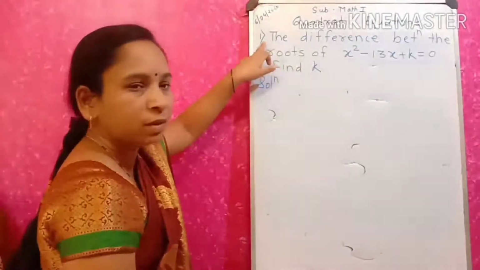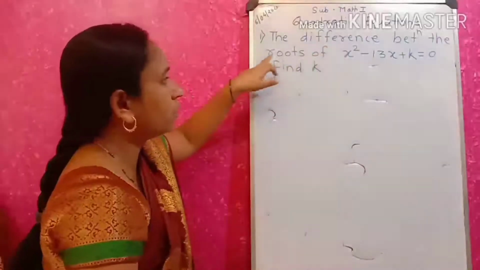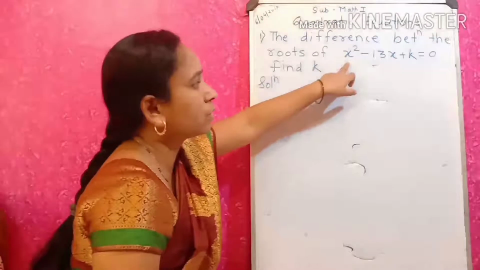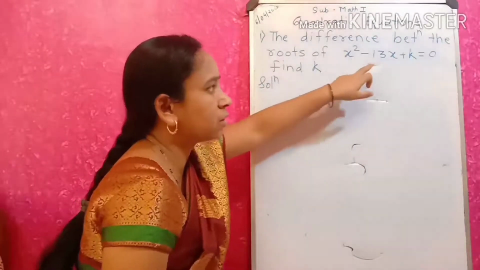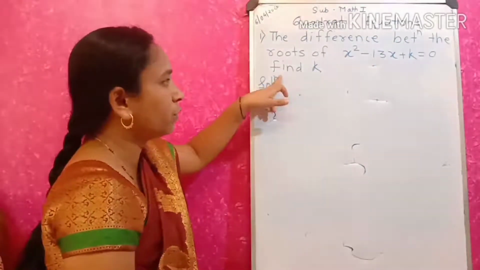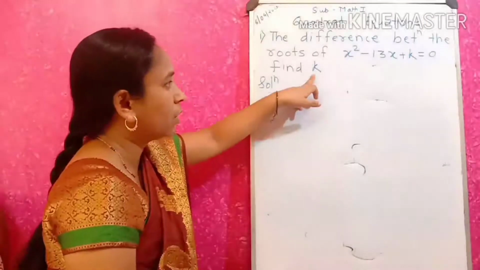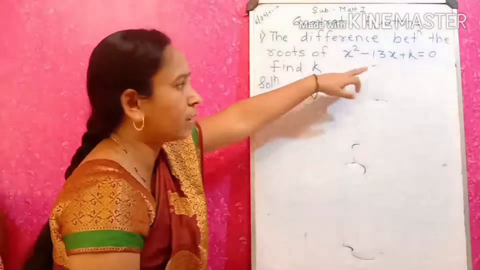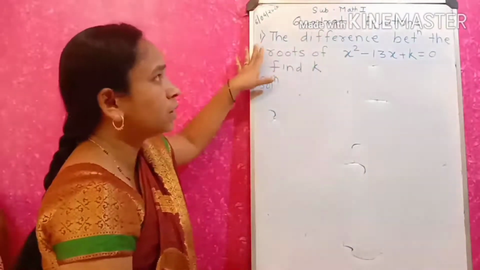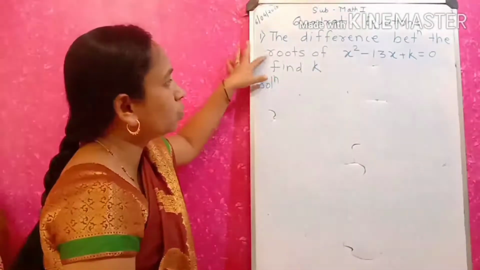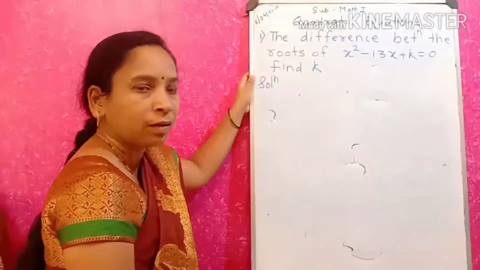Let's see the example. The difference between the roots of the quadratic equation x square minus 13x plus k is equal to 0 is 7. We have to find the value of k. Now we cannot solve it directly, so how will we find k's value? Here the relations between the roots and the coefficients will be helpful.